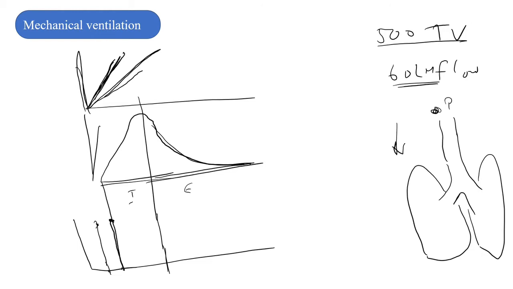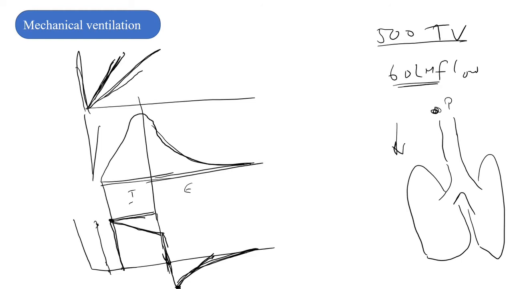It will either be maintained at 60 or decline, according to the preset you apply to the ventilator. Then the flow will go back to 0 at the end of inspiration, and expiration starts passively with maximum flow at the initial phase and then declines to 0 by the end of expiration. This is the inspiration and this is the expiration.